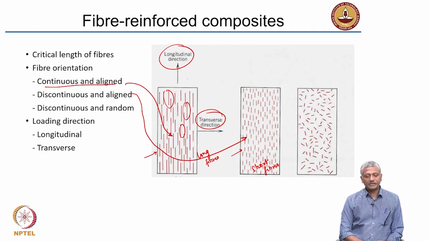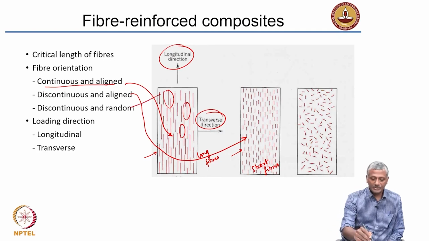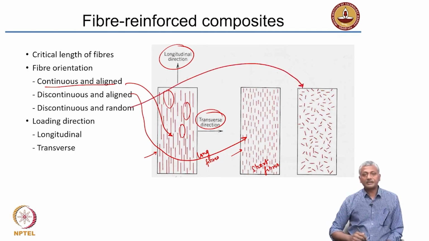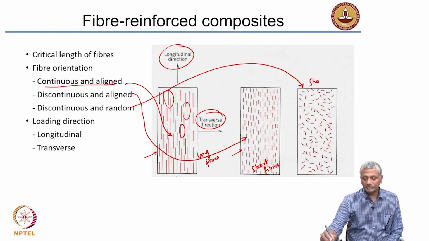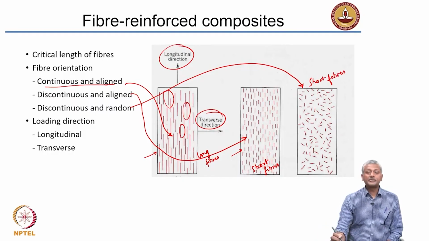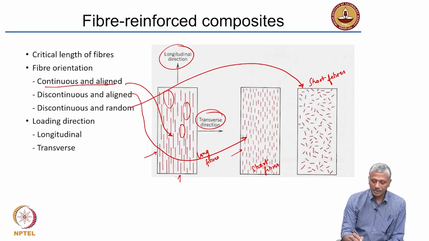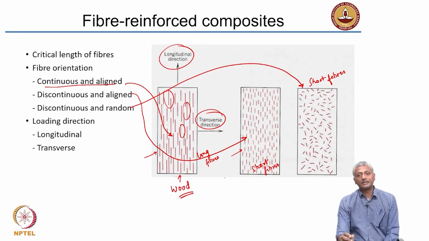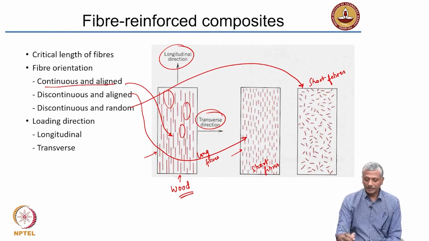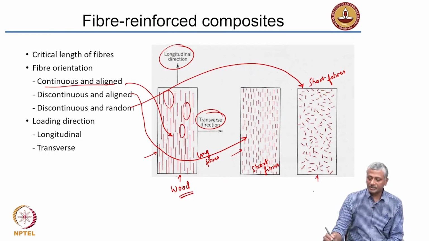The third case is when you have discontinuous and random short fibers. Examples of these: the first one is very common in wood. You have continuous aligned fibers in wood. You have short fibers which are randomly oriented in fiber reinforced concrete, for instance.